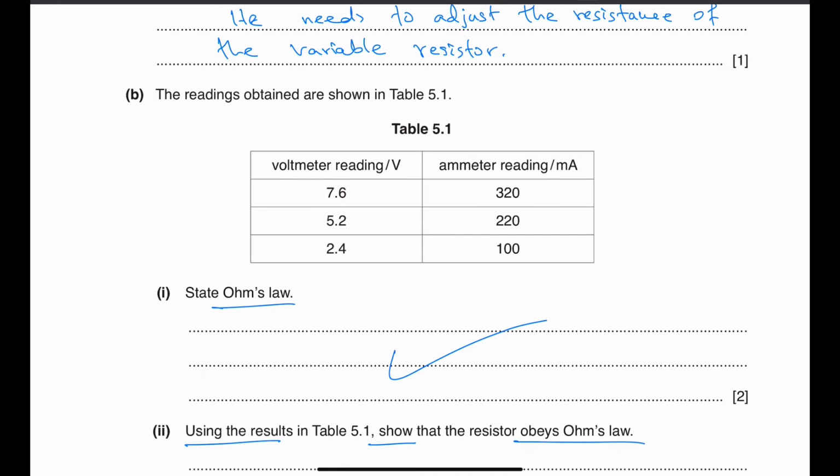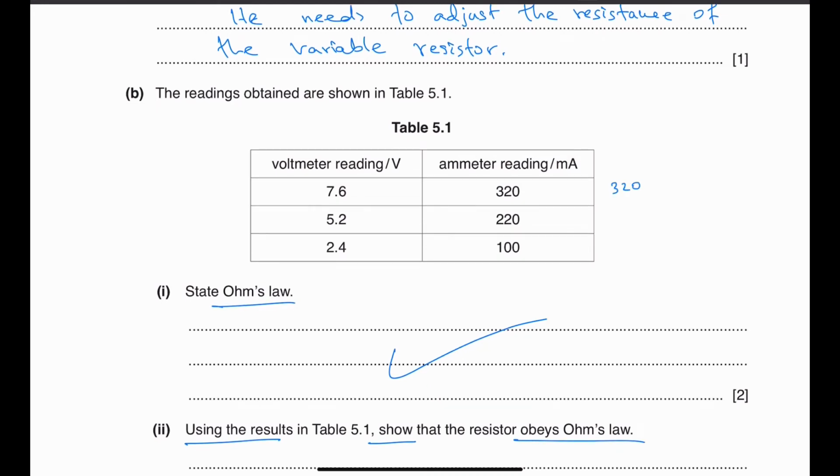So let's do that. What I'll do is I'll divide 320 by 7.6, and then I'll divide 220 by 5.2, and then I'll divide 100 by 2.4. So let's divide each of them.